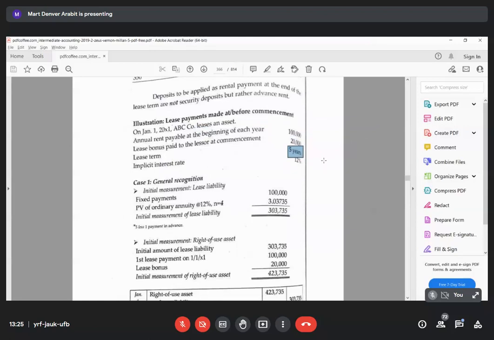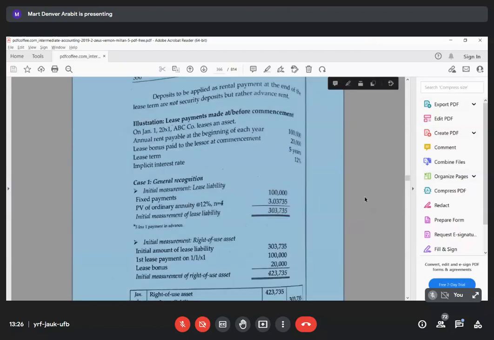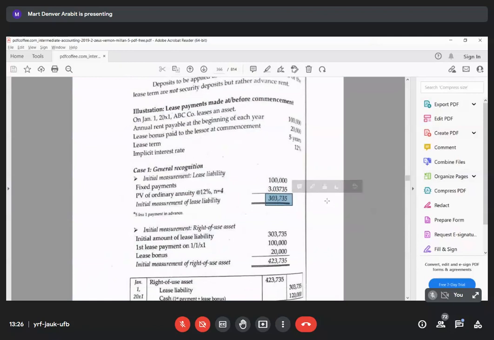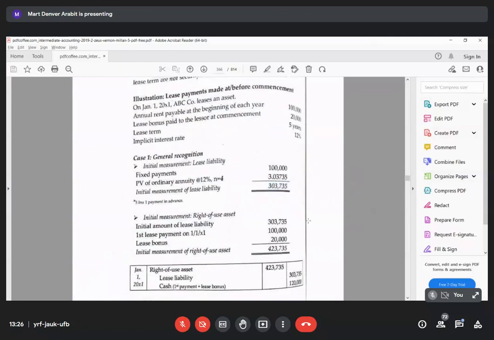So, general recognition, usual computation lang natin. The present value of annuity due. Ito yung factor, then multiply lang natin. So, ito yung initial measurement of lease liability. Then, plus yung initial payment na 100,000 since we will always pay at the beginning of each year. And yung lease bonus na 20,000.